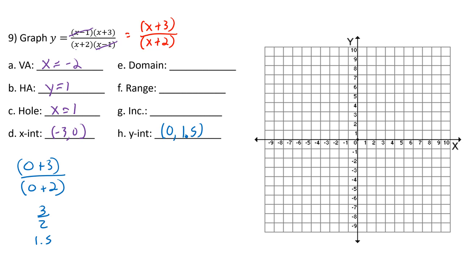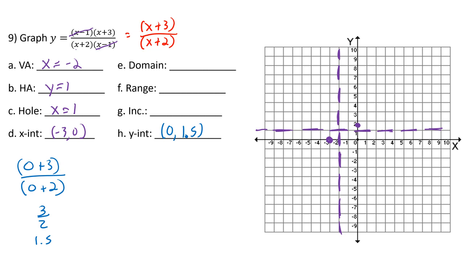All right, so vertical asymptote is at negative 2. Horizontal is at 1. We have an x-intercept at negative 3 and a y-intercept at 1.5.